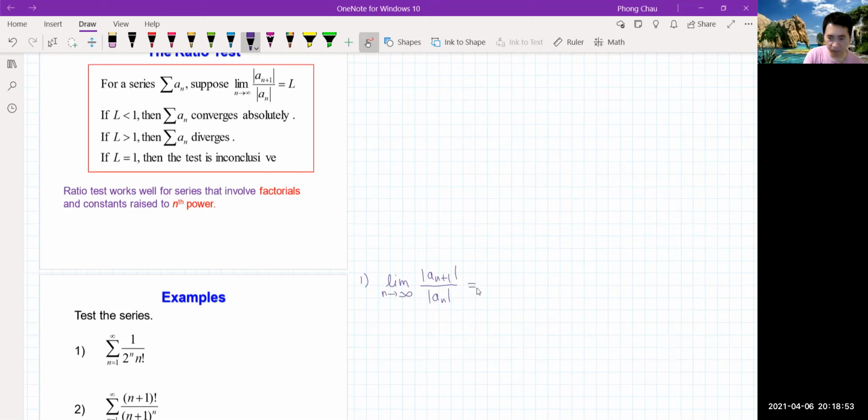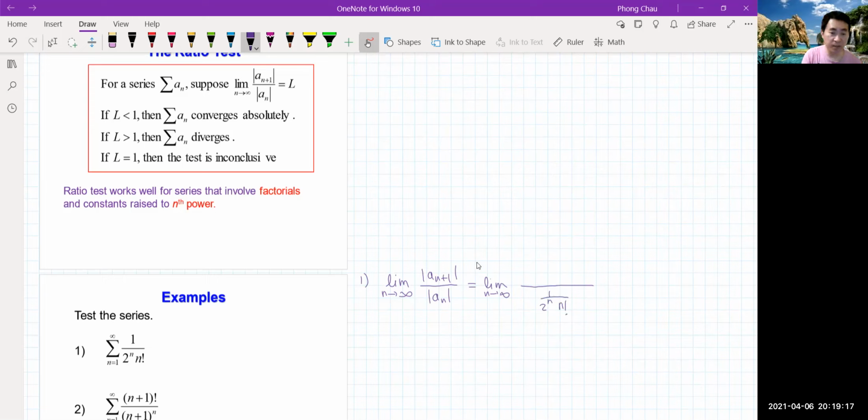Okay, and in this particular case, what's a sub n? A sub n is this, right? So let me write the bottom first, maybe it's easier. The bottom is a sub n, which is 1 over 2 to the n times n factorial.